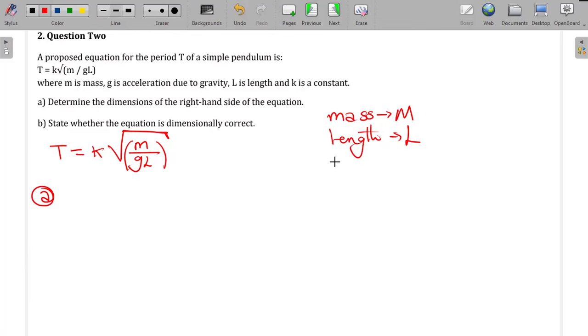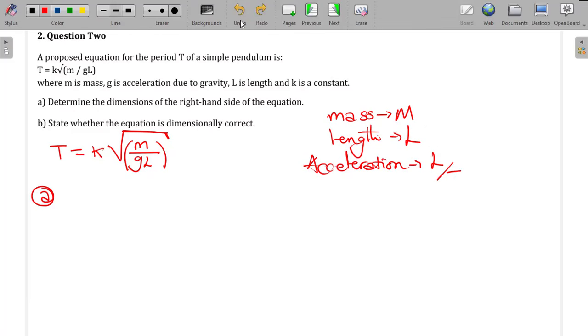Then, when given acceleration, we've said the acceleration is the rate of change of velocity, which means it's distance, of which distance has a dimension of length divided by time squared.